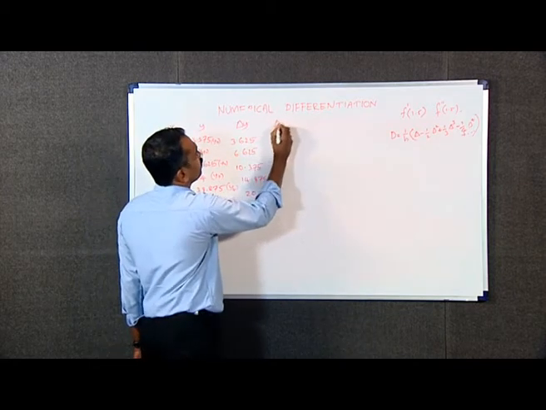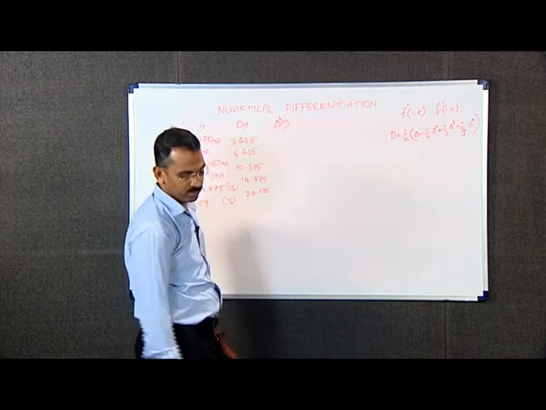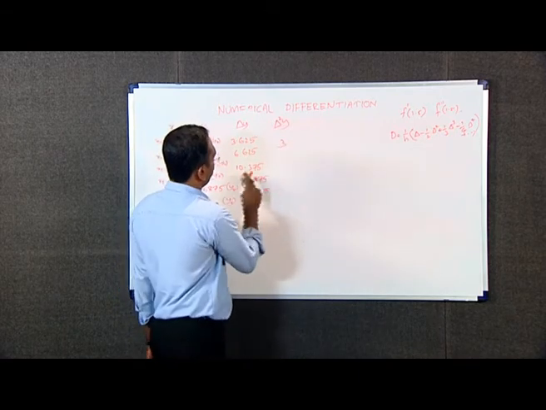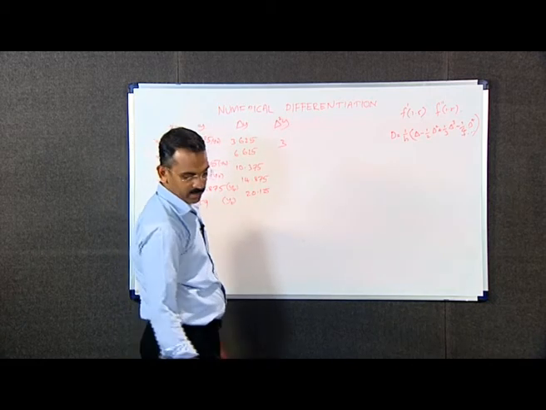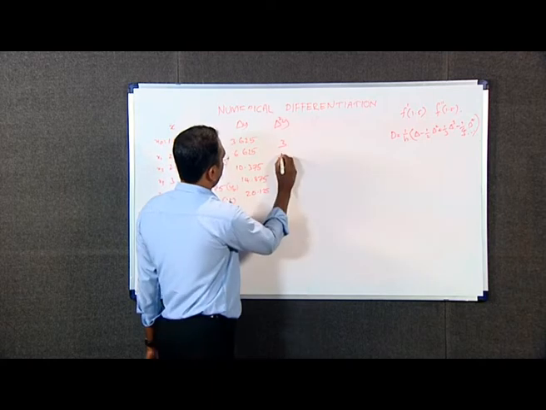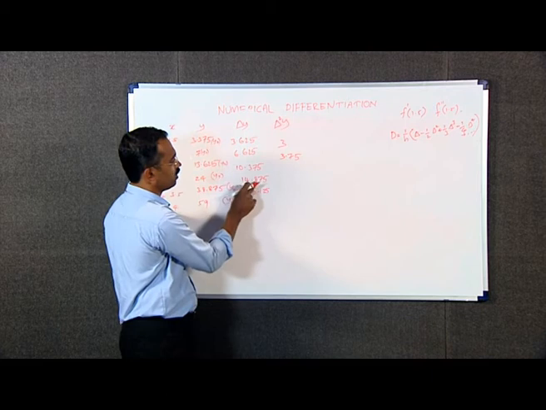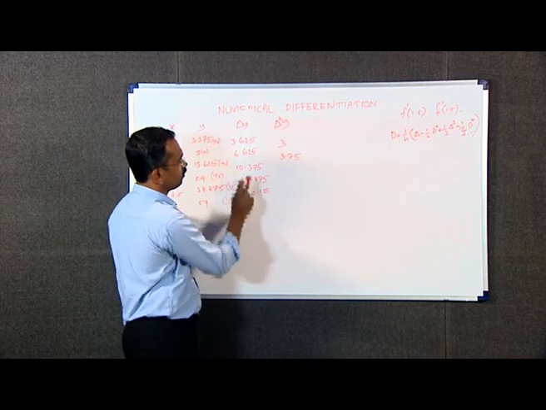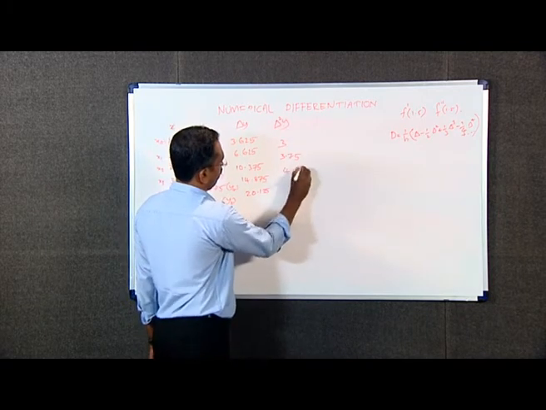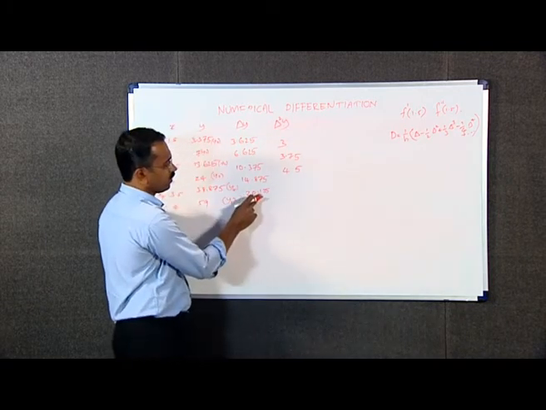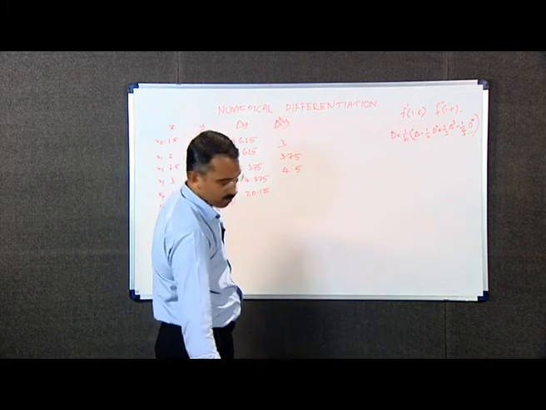The second order differences are 6.625 minus 3.625, which is 3; 10.375 minus 6.625 is 3.75; 14.875 minus 10.375, which is 4.5; and 20.125 minus 14.875 is 5.25.